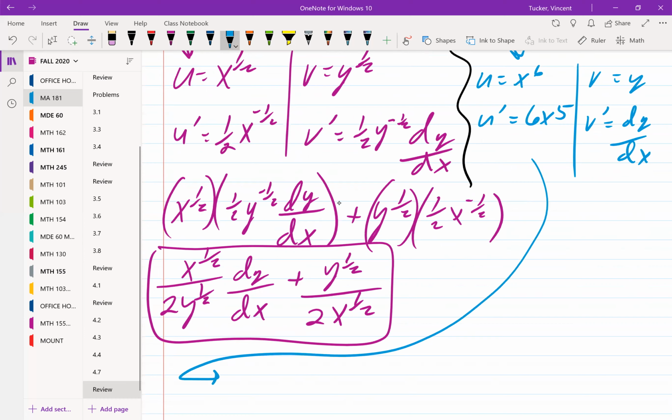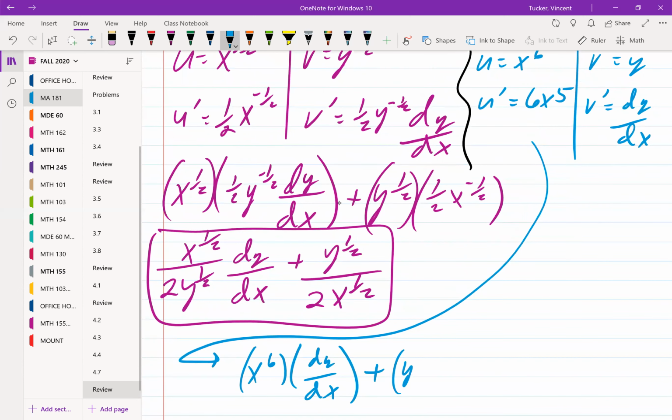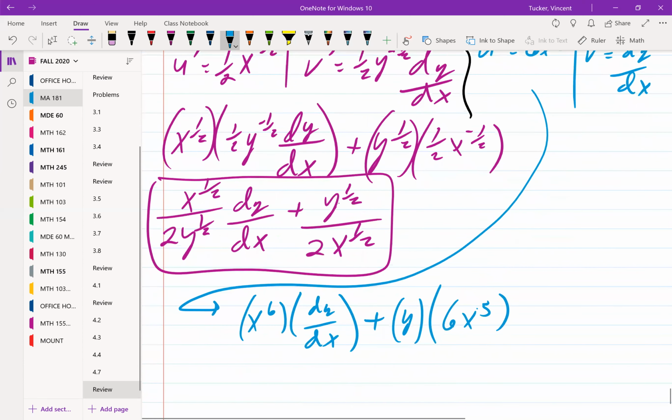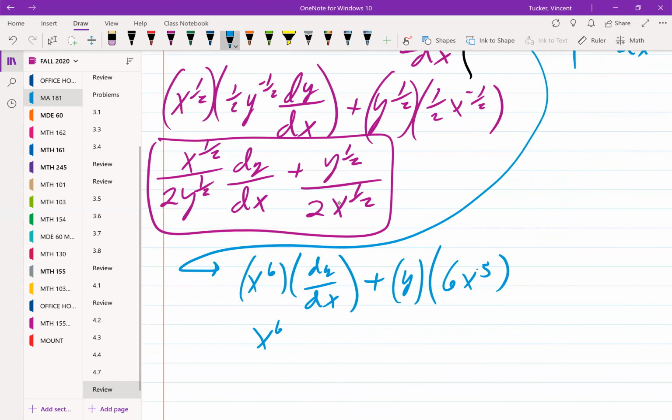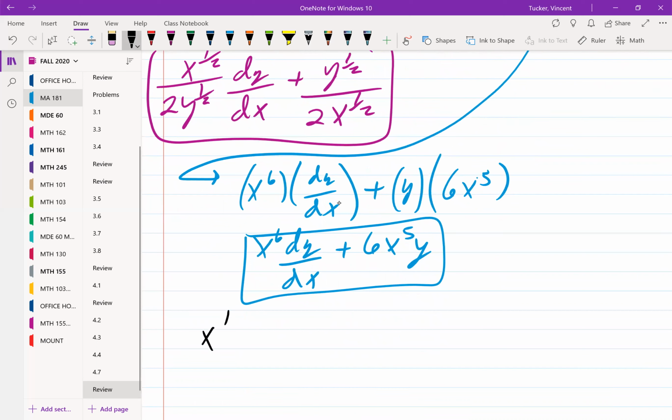Let's take this over here. So u is x to the 6, times v prime dy dx, plus y times u prime. So we have u times v prime, v times u prime. Simplify this, and that's this piece. Let's put it all together and look to solve for dy dx.